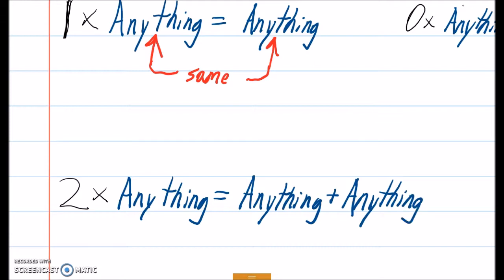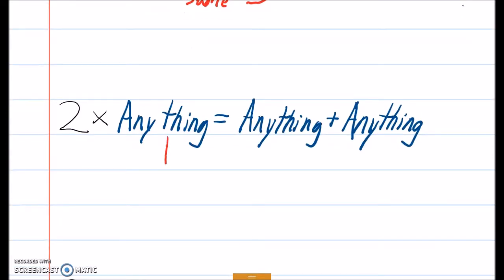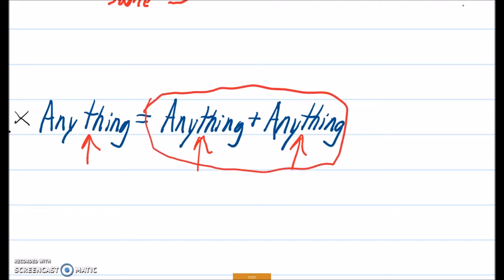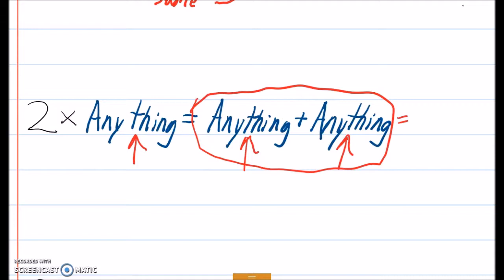Whatever the first thing is, these are also the same, but on this side of the equal sign, we have 2 of them. So 2 of anything. So 2 times anything, that's how I think of it. I just take the first anything and I add it to itself. Okay? I add it to itself.